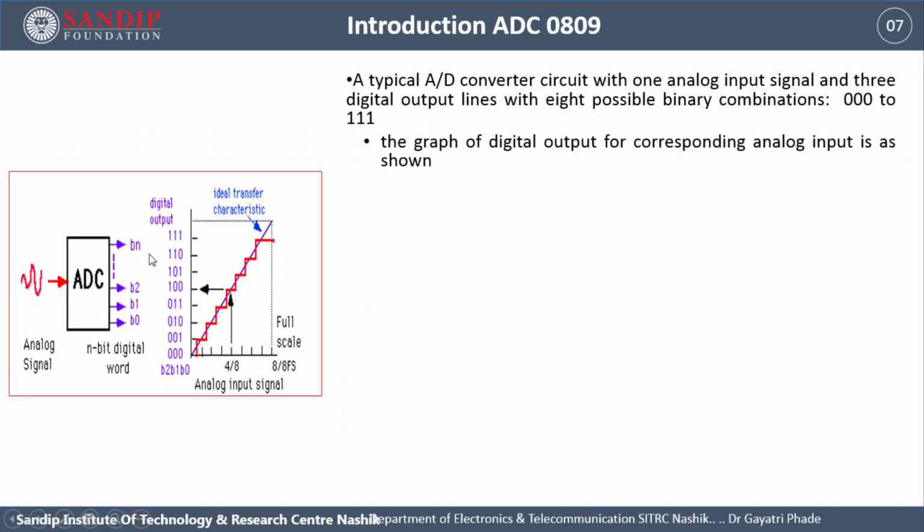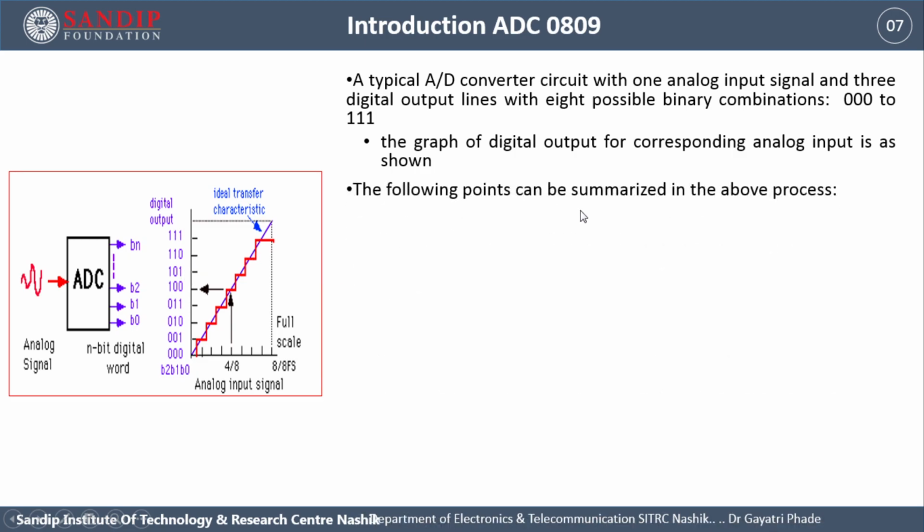The graph of the digital output for the corresponding analog input is shown over here. Here you can see the analog signal shown with respect to full scale: 4/8 of the full scale, 2/8 of the full scale, and 8/8, that is the full scale voltage. And here is the corresponding digital signal.